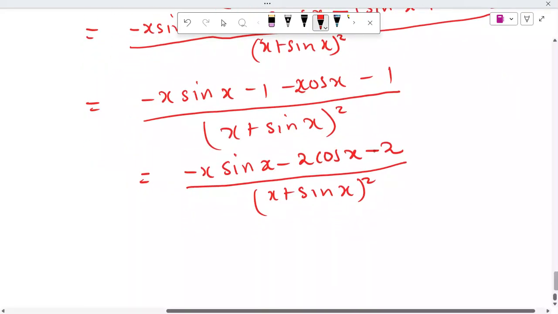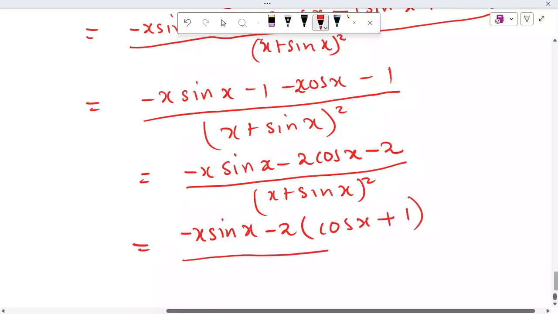Okay, so let's write it neatly. Negative x sine x, and we can take out the negative 2 outside. It looks at least okay like this. This is the most simplified form.